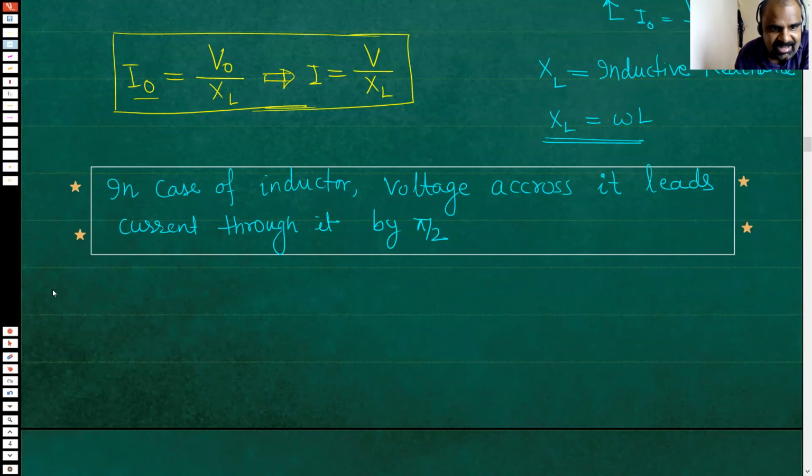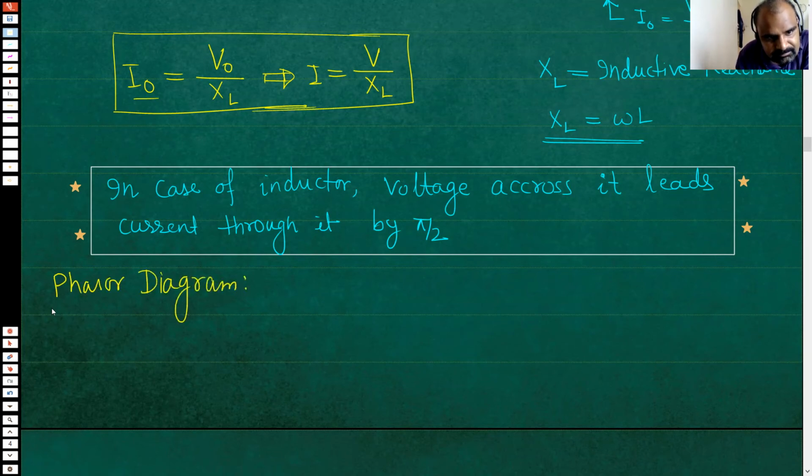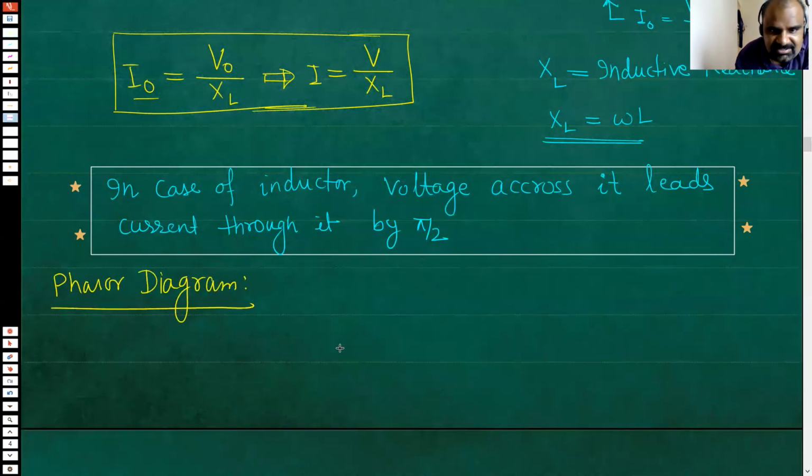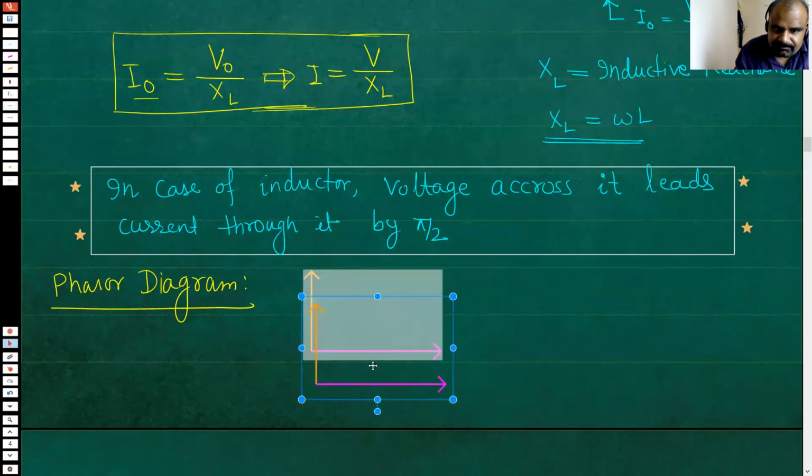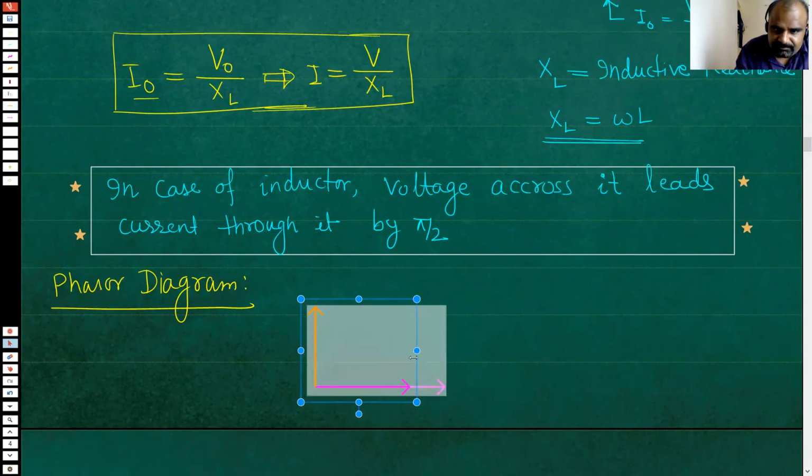Now let's draw the phasor diagram within a minute. We will draw the current phasor first. So here is the current phasor. And now in which direction should we draw the voltage phasor? See, voltage across it leads the current through it by pi by 2. So should this be the voltage phasor or not? Yes. Okay.